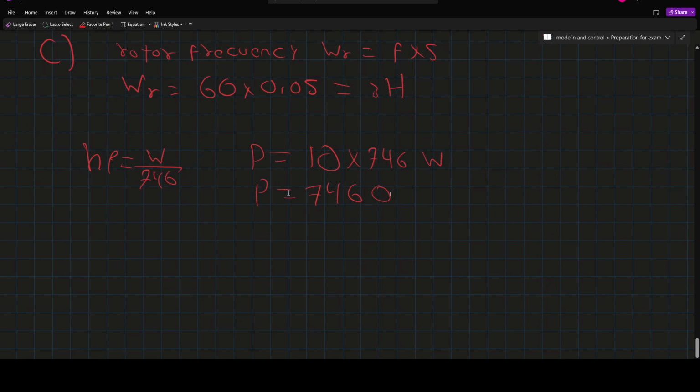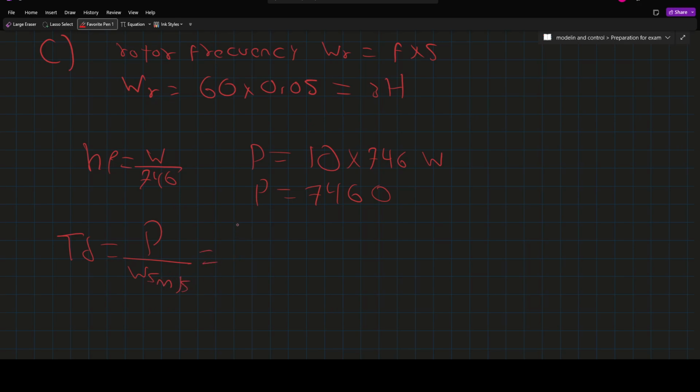Okay, now in the previous video we figured out that the developed torque is equal to the power over the synchronous speed in mechanical, of the rotor.